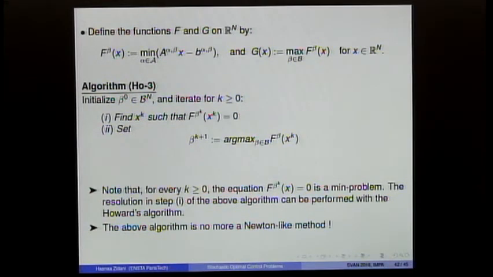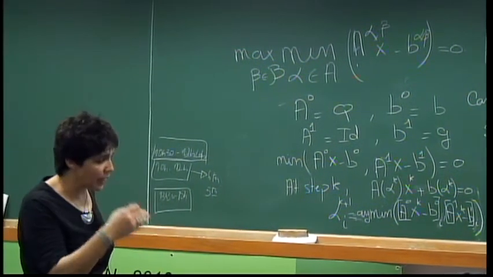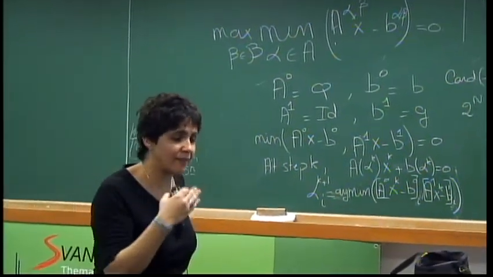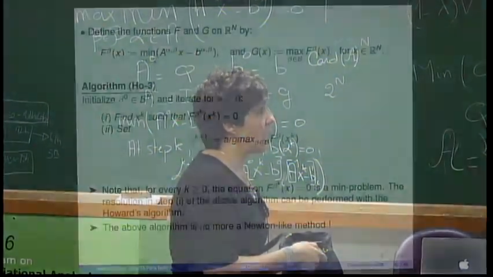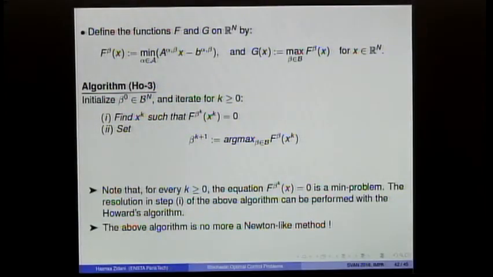And of course, since you want to solve this problem by Howard algorithm, you know that you may have some errors. Here, for example, I told you that we solved the problem in a finite number of steps because we had a finite number of actions. But if this set A has an infinite number of actions, then you know that you converge in a superlinear way, but you cannot guarantee that you have exactly your solution. So what you solve is with some error.